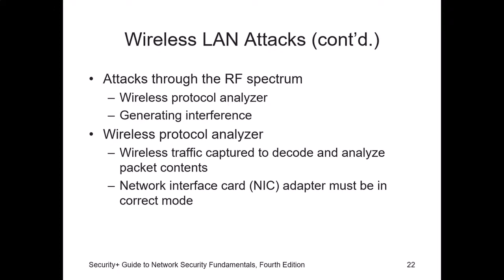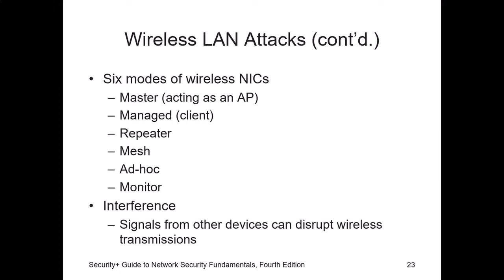All right. Anybody can have a wireless protocol analyzer to capture all the data that's in the air. That's why security is important. Your wireless NIC that is integrated in your laptop can act as an AP, an access point. Of course, most of the time it's acting as a client. It could be a repeater to take the signal and send it on its way, make it stronger.